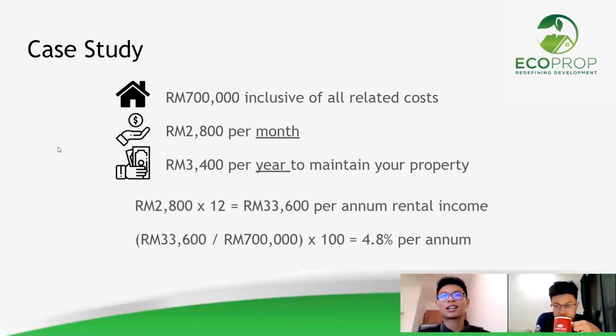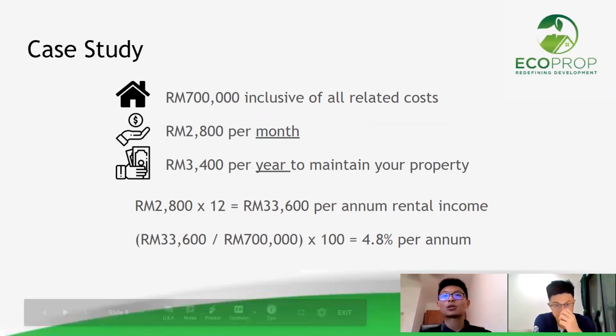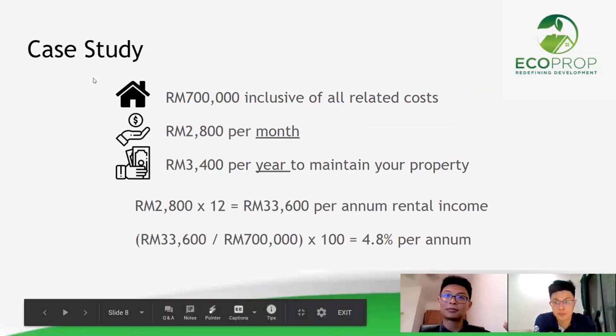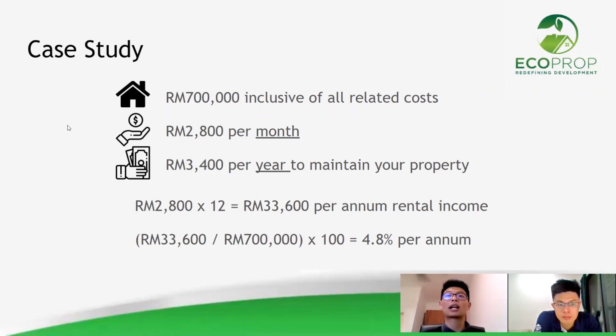To get the gross rental yield, you multiply the 2,800, which is your monthly income, by 12 months, and you get 33.6K. From there, you divide it by 700,000, which is your property price, multiply by 100, and you get 4.8% per annum.